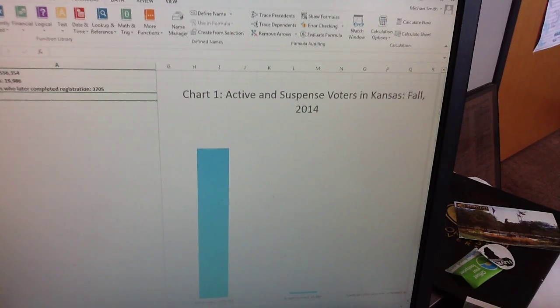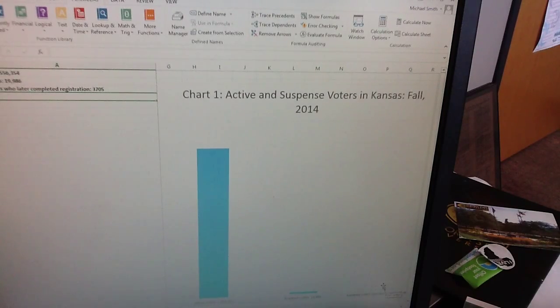And the answer is, first of all, we cleaned up the list for voters for whom we did not have complete information. And so on our cleaned up list, the active voters are 1,556,354. The suspense voters are 19,986. That's right here.